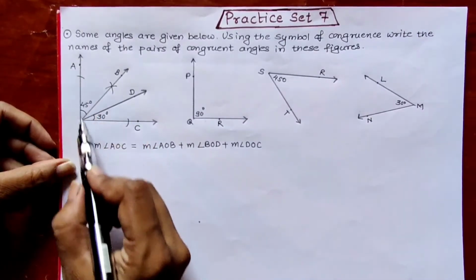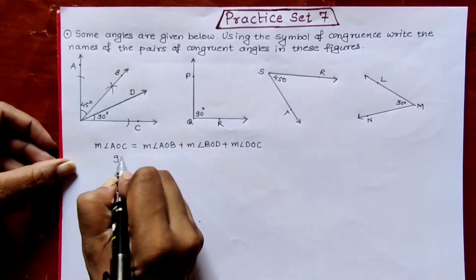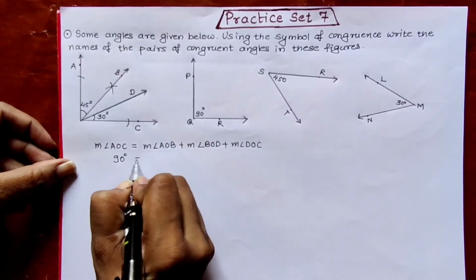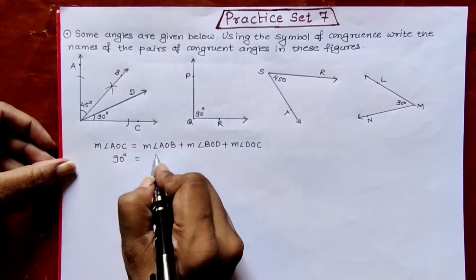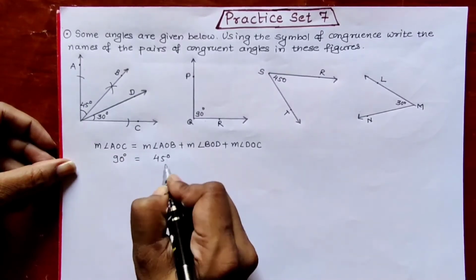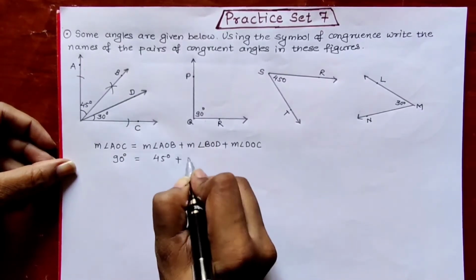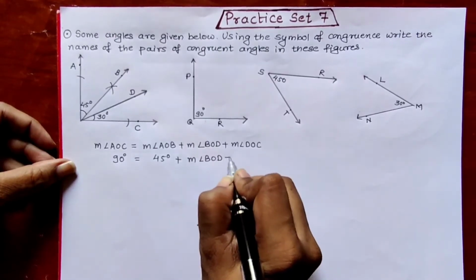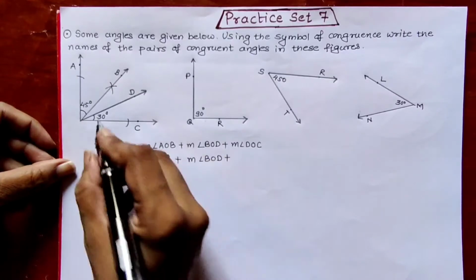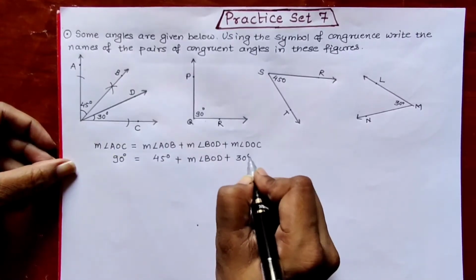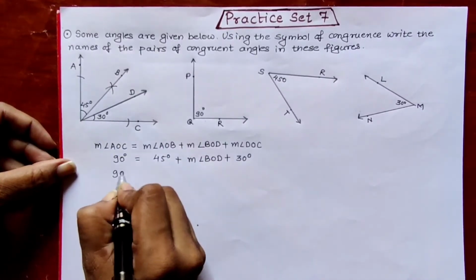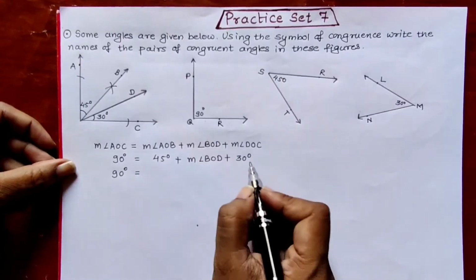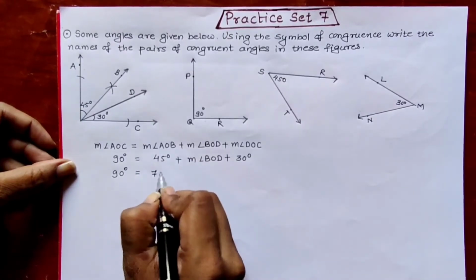Just now we have seen that AOC is 90 degrees, so I will put 90 degrees here. AOB is given as 45 degrees, so below AOB I write 45 degrees. BOD we have to find out. Measure of angle DOC is 30 degrees. 90 degrees as it is, I am writing 45 plus 30 is 75 degrees.